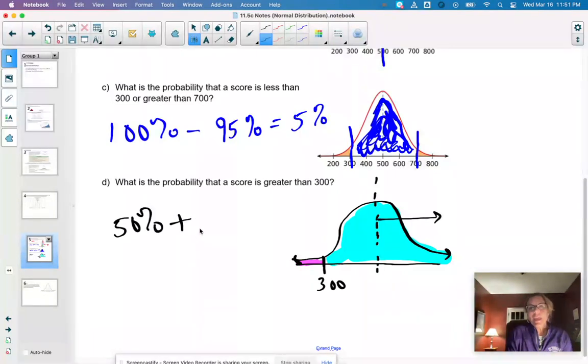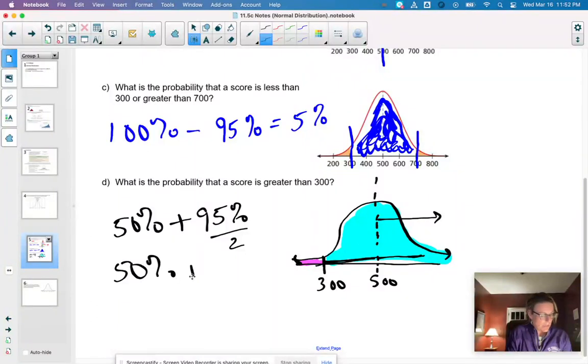And again, at the 300, this is 500. The distance from here to here is 2 standard deviations away from the mean. And again, 2 standard deviations away from the mean on either side accounts for 95% of the data. Well, I already took care of this half, so I just want to figure out what this half is. So I'm going to take the 95% divided by 2.